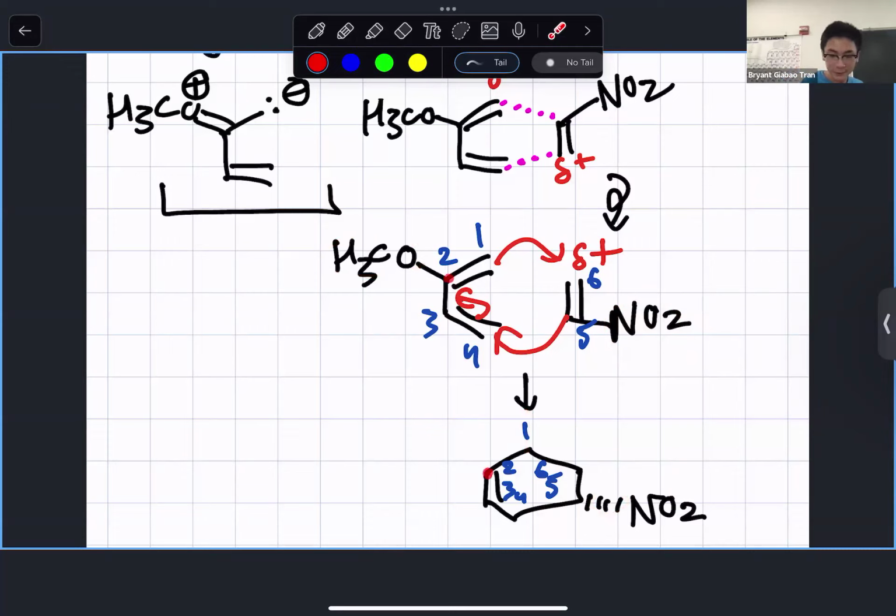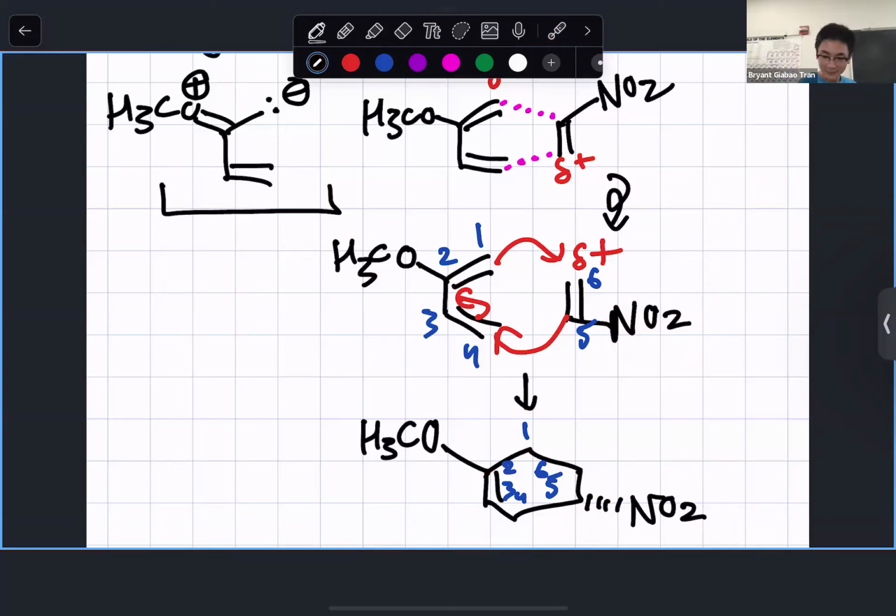On the product, that carbon is still sp2 hybridized. And sp2 carbons are always flat. There's no wedge or dashes. So the OCH3 group will stay as a flat bond because it is sp2 hybridized. It stays as a flat planar bond because of the sp2 hybridization here.